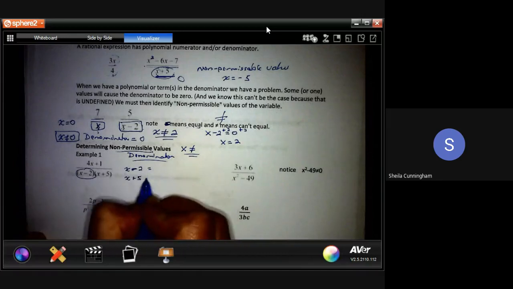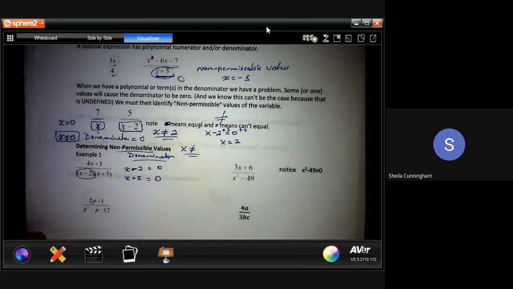So basically I have to take each of those and set them equal to 0. Because here's the thing: if I zero this side out, the whole bottom is going to be 0 times whatever this value is. It'll still equal 0. If I zero this side out, again, 0 times this is still going to equal 0.